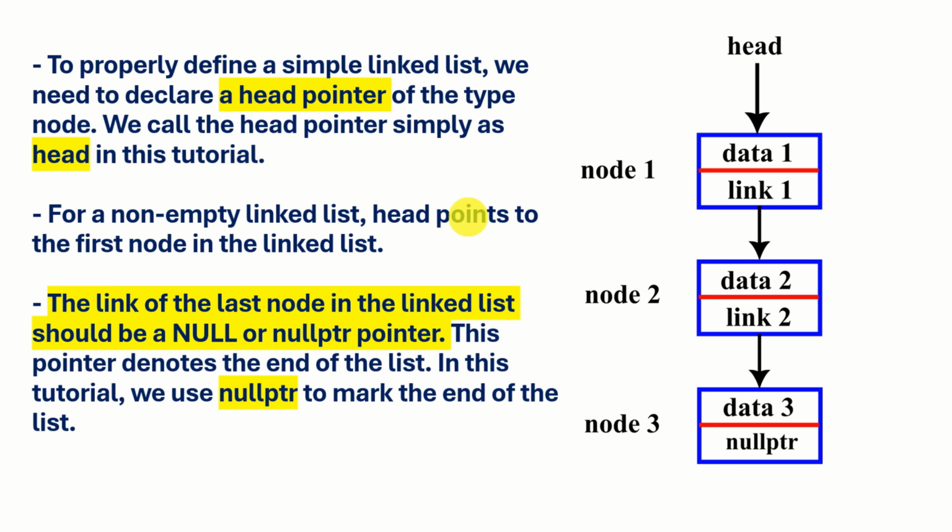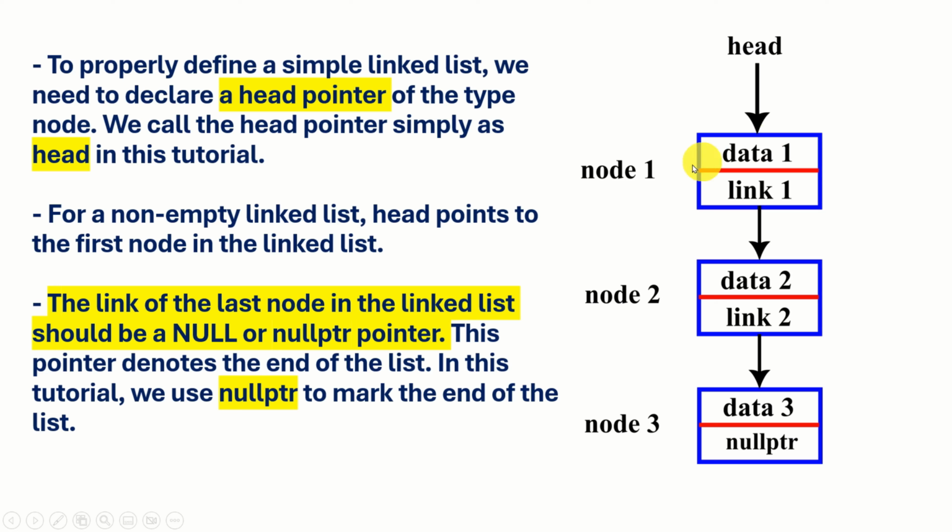We call this head pointer simply head in this tutorial, and it is illustrated over here. Note that head is not actually a node, it's a pointer to the first node in the linked list, that is, to this node over here. To summarize, our linked list doesn't start with the first node, instead, it starts with the pointer to the first node in the linked list.